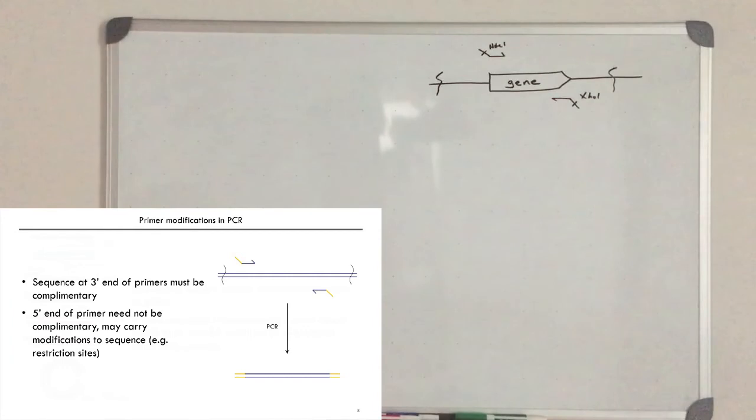The bases towards the 3' ends of these primers need to be complementary to the template DNA, but the bases towards the 5' ends don't need to. And there you could engineer recognition sites for restriction enzymes at the ends of the primers as long as you make sure that those sites don't occur within the gene that you're trying to clone.